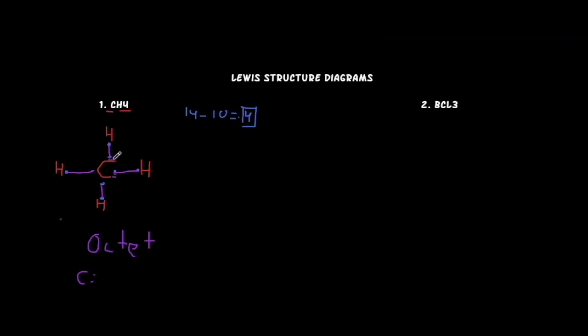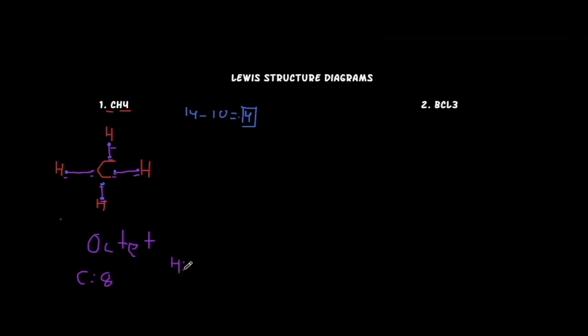This is 1 electron, so that's 2, that's 3, and that's 4. But remember, they've been connected to the hydrogen electrons. So that would now be 5, 6, 7, 8. So carbon has its 8 electrons, and it passes the octet check.